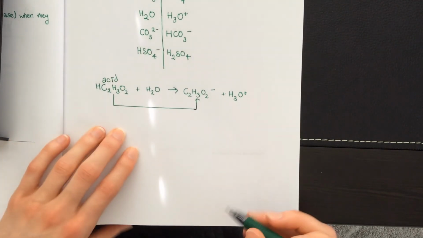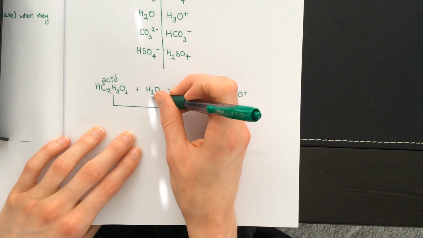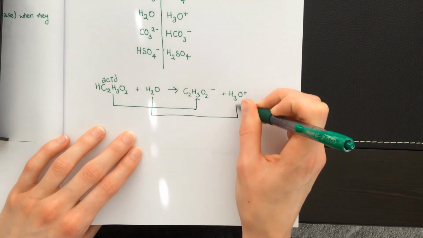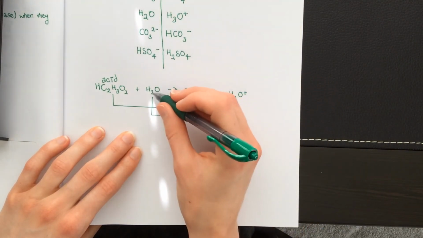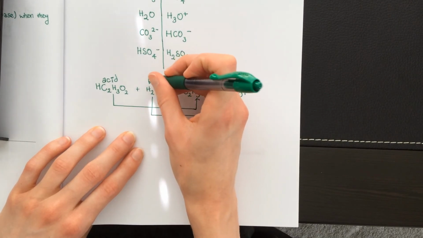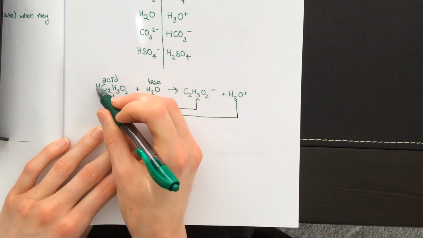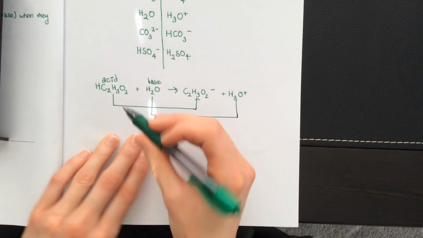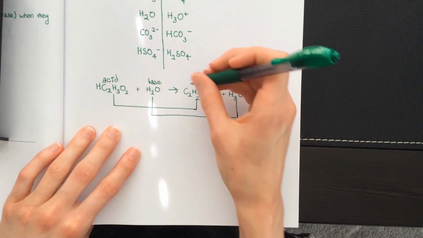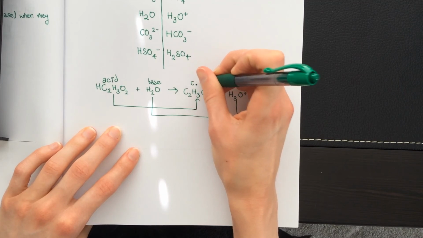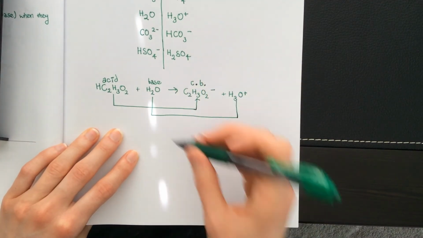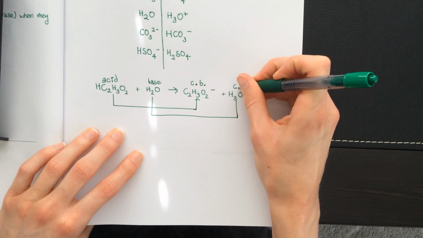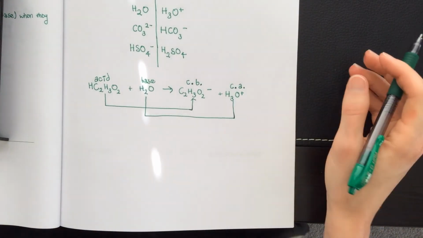So that's the acid. And then if we look at H2O, it's probably gaining an H. And it is. It's gaining an H to become H3O+. So whichever one loses the H is the acid. Whichever one gains the H is the base. Okay, and then remember the acid turns into the conjugate base. So I'm going to label this one Cb. That's the conjugate base. The base turns into the conjugate acid. So I'm going to label that Ca.